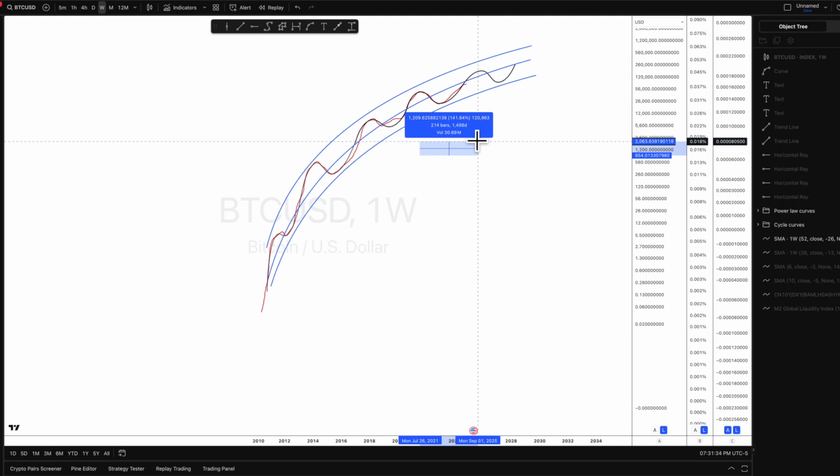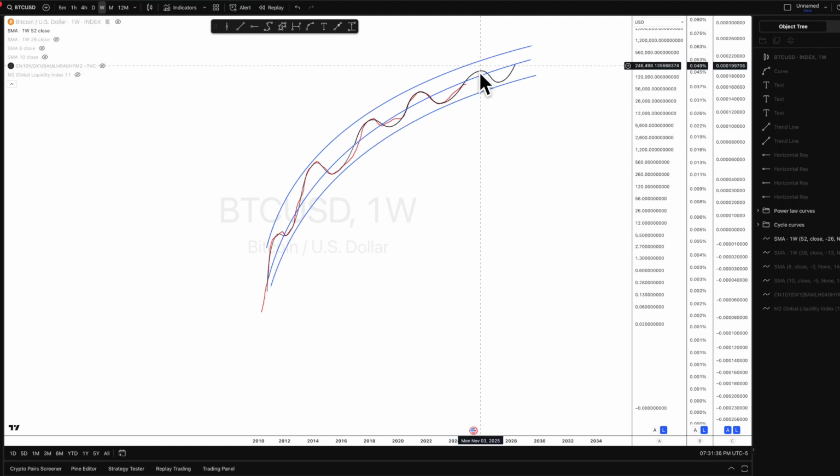I got it drawn a little bit rough there, but it's about that 4 years. So the Bitcoin 4-year cycle seems to be built into the fabric of Bitcoin.